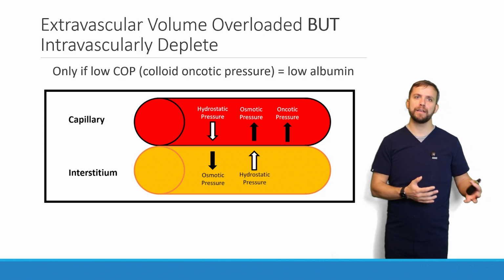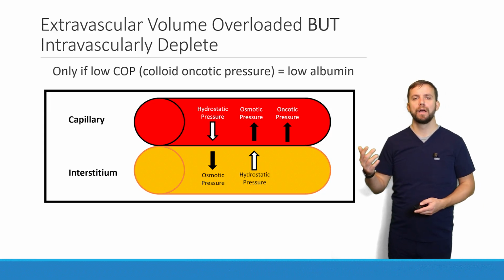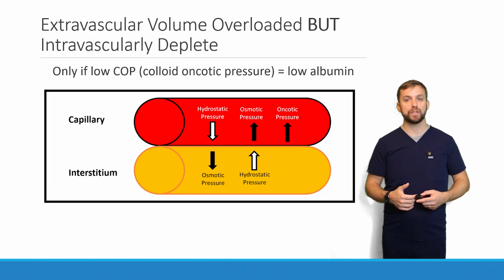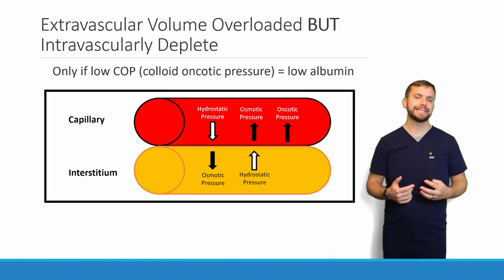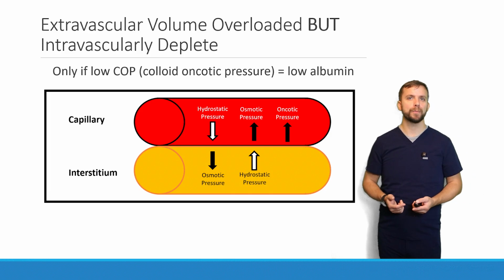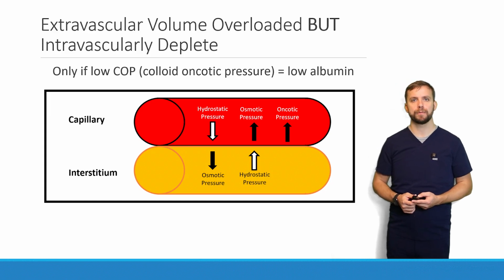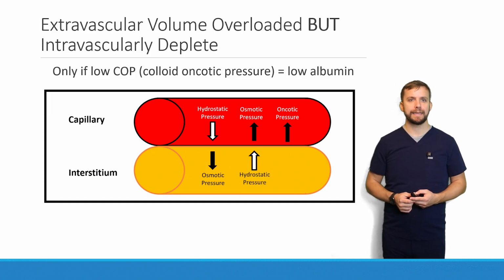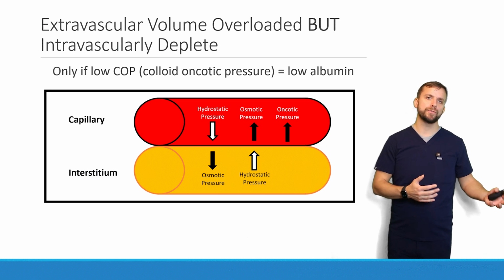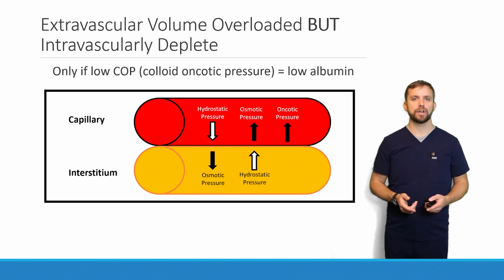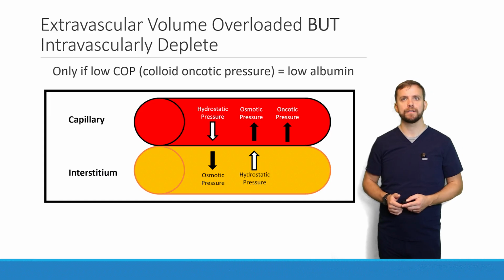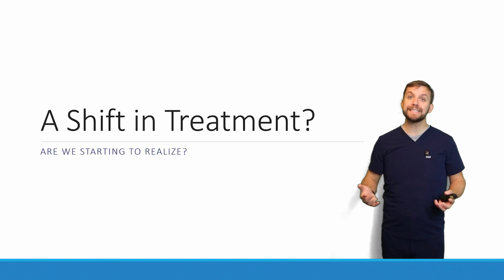So like I said before, if you have a low colloid oncotic pressure, which means albumin, then you ideally want to replace that oncotic pressure. 75% of your oncotic pressure is albumin. That's why we end up replacing with albumin. And then again, if you drop below 2, 2.5, that's when you're going to start getting that edema from spontaneous third spacing.